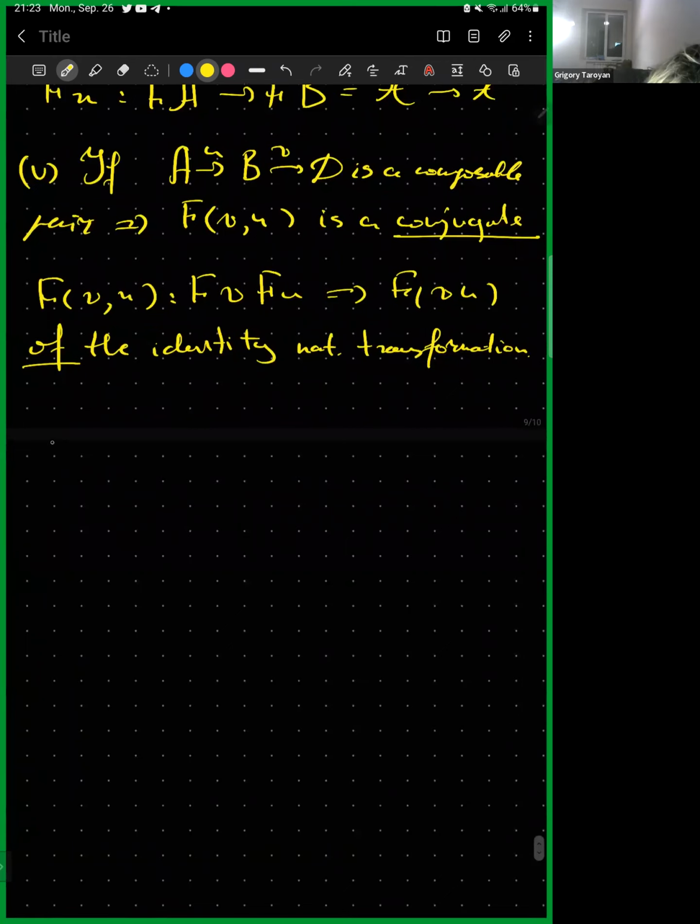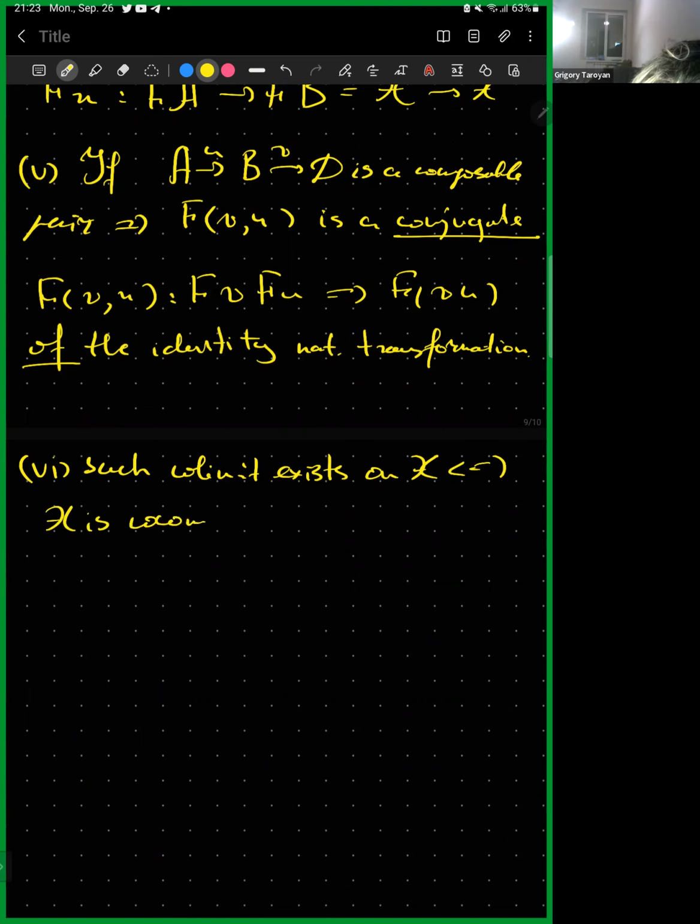So it can be shown that such a colimit system exists on X if and only if X is co-complete. This is not very hard to prove.